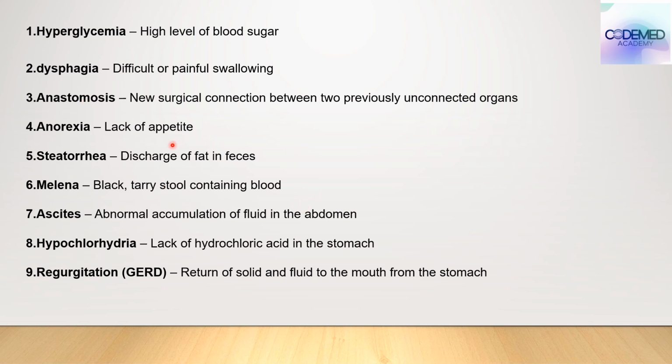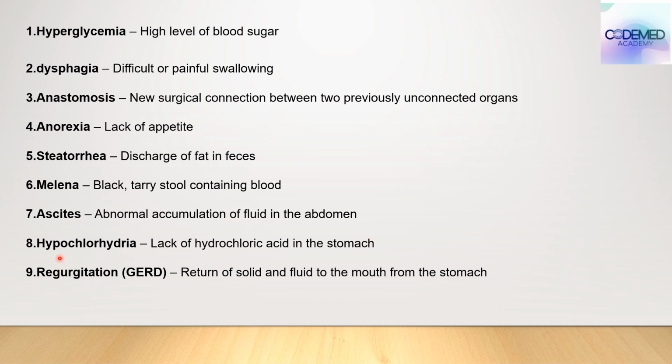Anastomosis is a new surgical connection between two previously unconnected organs. Then anorexia is a lack of appetite. Steatorrhea is a discharge of fat in the feces, because stear is nothing but the feces that we have seen. Then melena is a black or tarry stool. Ascites is nothing but the abnormal accumulation of fluid in the abdomen.